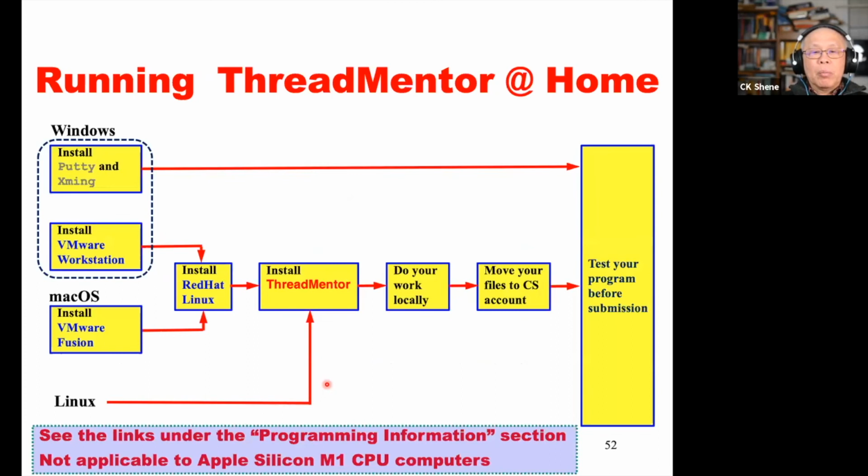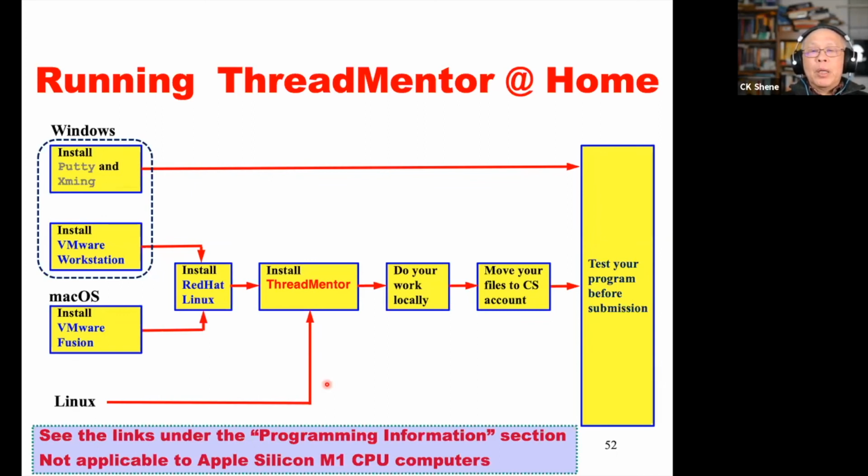Some of you, in my experience, even before COVID-19, already had a local Linux machine, desktop or laptop at home. That's the easiest one. You just make a copy of ThreadMentor 64 bits from the common directory to your local system. Depending on how you install it, modify the search path, inclusion path, and so on, you are all set.